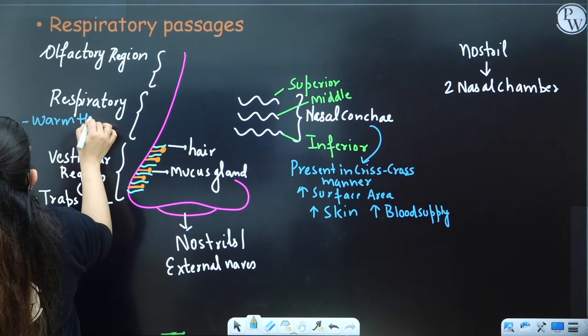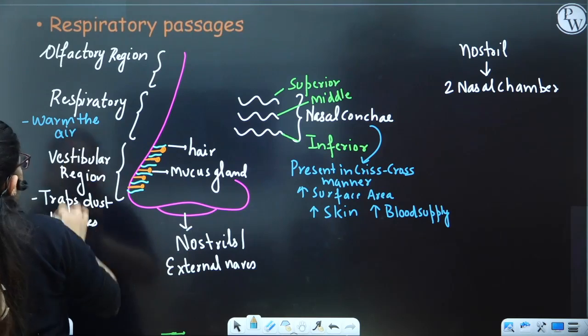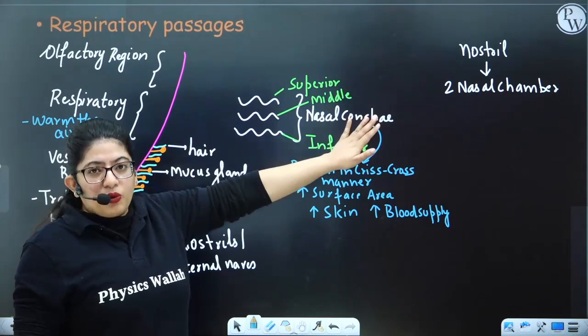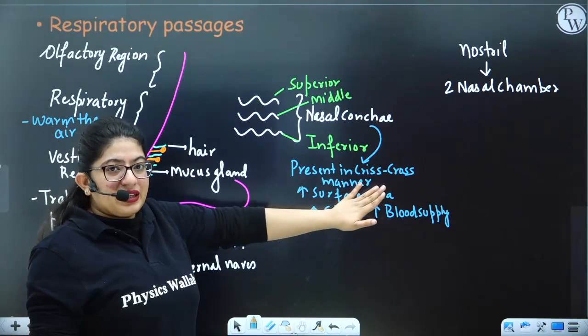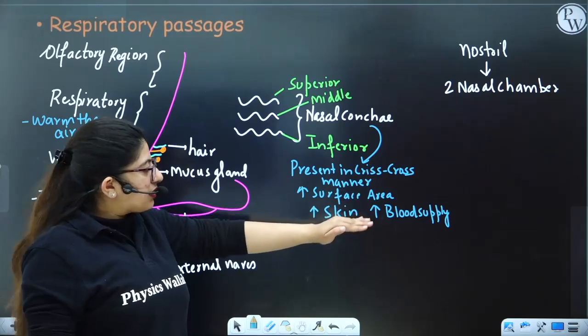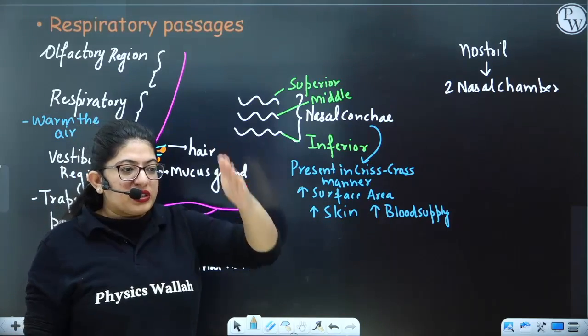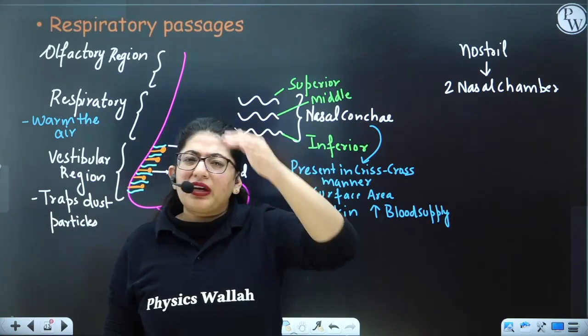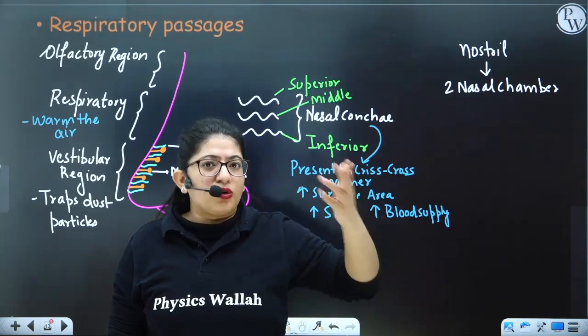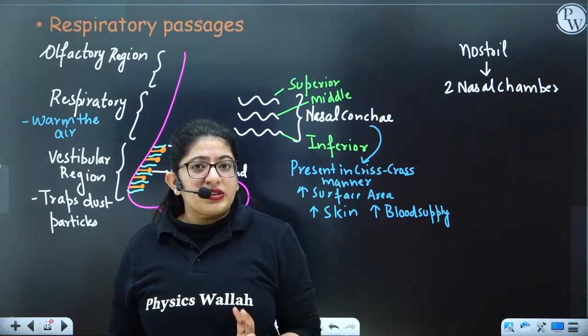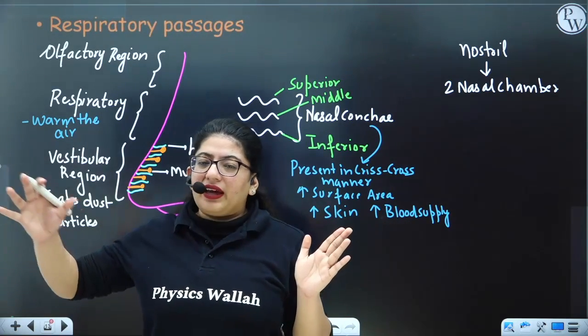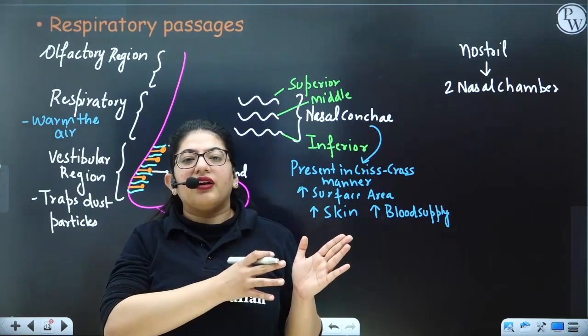Why do you want to warm the air? Due to these bones, the surface area of the skin is increasing, because the bones will definitely be covered by skin. If there is more skin, all the air will touch the skin and become warm.